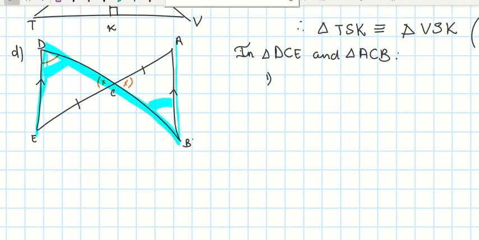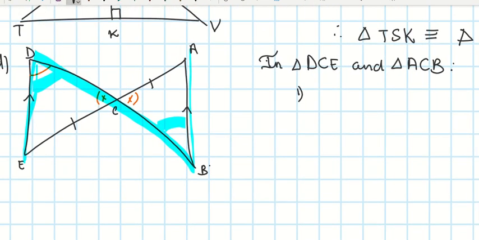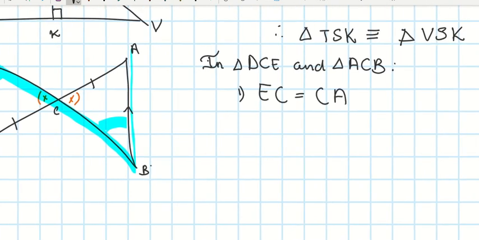Right, so we start off and we say our first thing given to us is going to be EC is equal to CA or AC as you prefer. Then we say this is given to us. All right, so our reason is given.